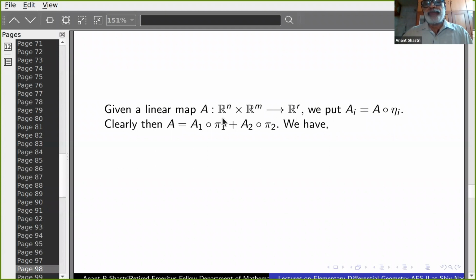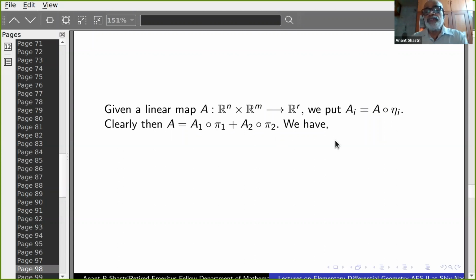That will be the restriction to the first coordinate, A1 equals A composed with eta 1. Similarly, A2 equals A composed with eta 2, the restriction to the second coordinate. So they are also linear maps. Then you can write the entire A as A1 composite pi 1 plus A2 composite pi 2.